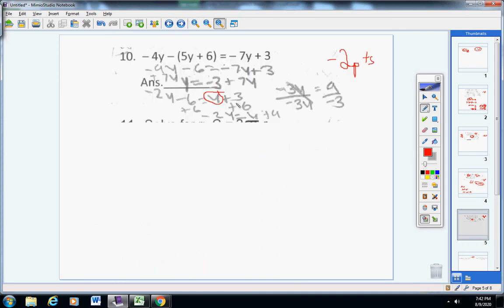Okay, number 10, right here. I'm not sure what you did, but look, Lauren, you did a great job. Took your negative sign, multiplied it through. You combined your y's. You got negative 9y. Great job. See this negative 9? See this negative 7y? You added 7y. That left you with this, which is good. But for some reason, look what you did.